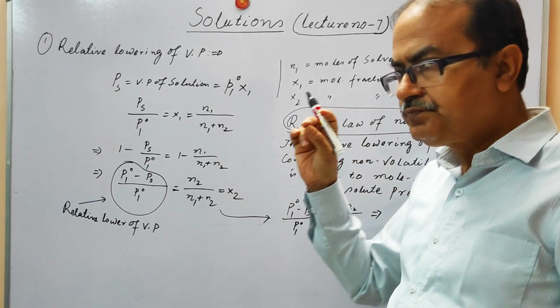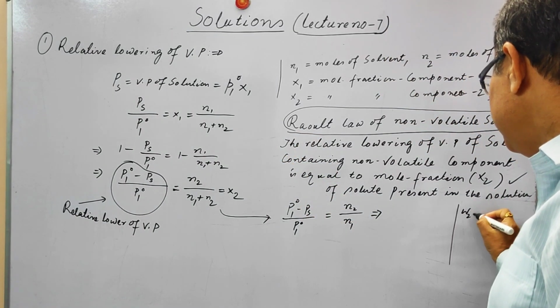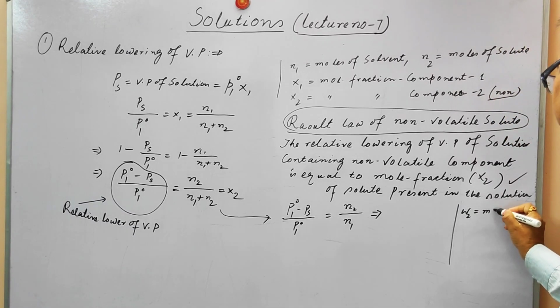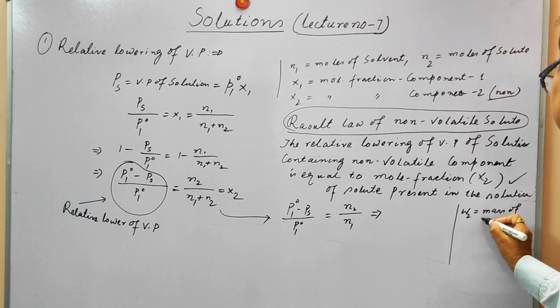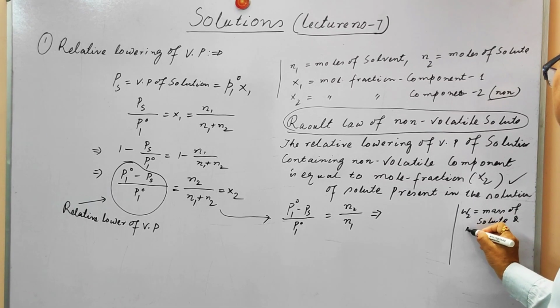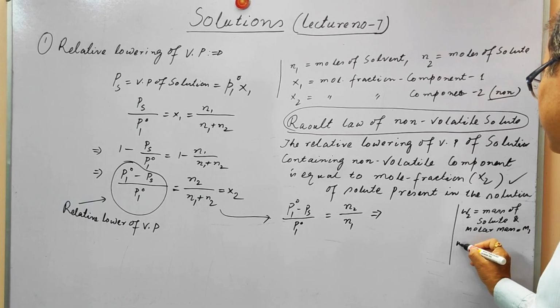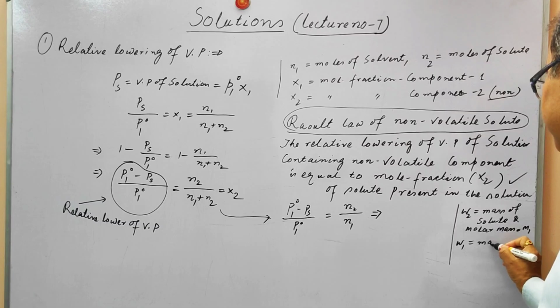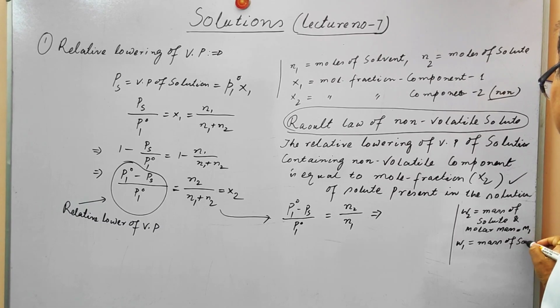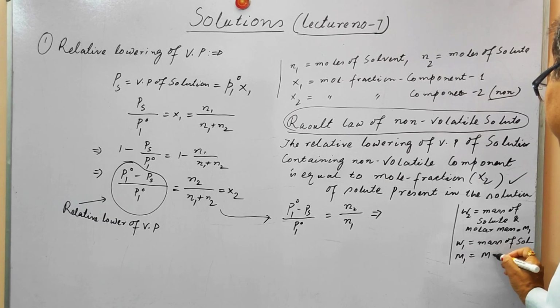Suppose W2 is the mass of the solute and its molar mass is M2, and W1 is the mass of the solvent and M1 is the molar mass of the solvent.